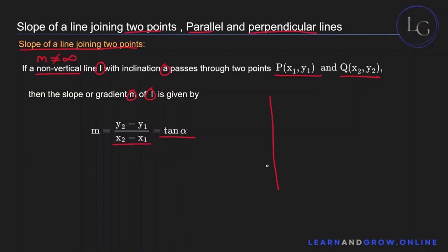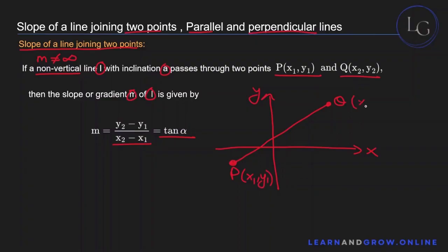So let me explain what this means. Say you have this coordinate axis, right? And say you have this line over here. This is the point P, right? And this is the point Q, right? P has x1 as its x value and y1 as its y value.